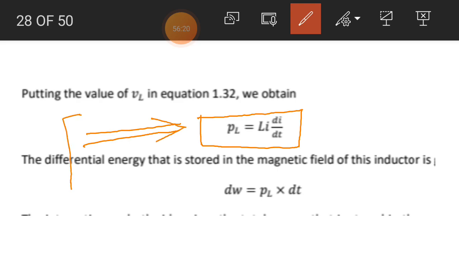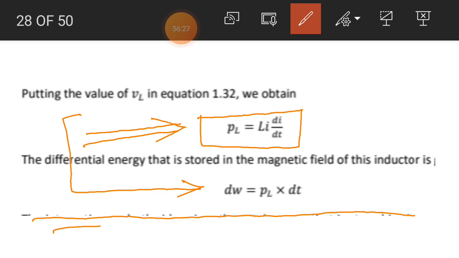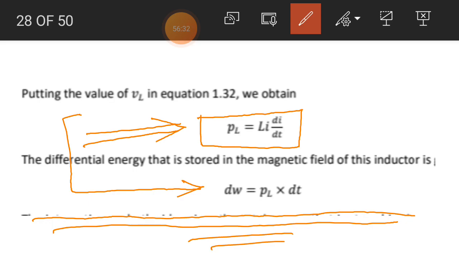We play with this equation. On the left hand side, we get PL into dt, and we know that PL into dt is the differential energy which is taken by the inductor from the voltage source, and PL into dt will be equal to L i into di. We are not interested in the differential energy.